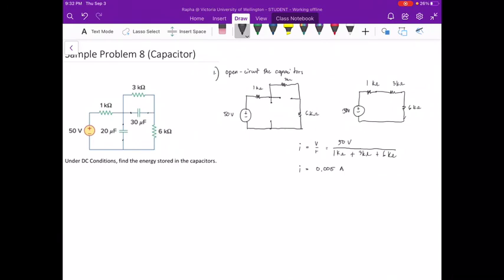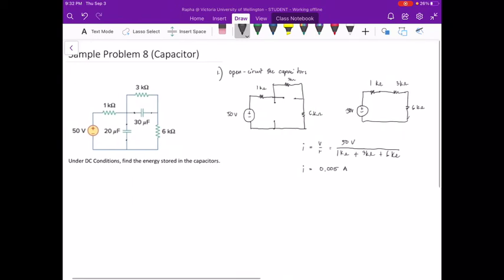What we're gonna do next is calculate branch currents and/or parallel voltages of the capacitors.